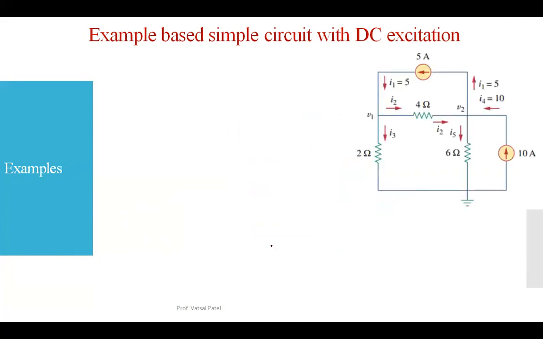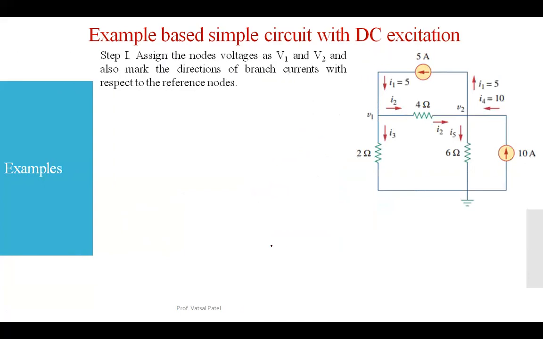Then step number 1, assign the node voltages as V1 and V2, and also mark the direction of the branch current with respect to the reference node.